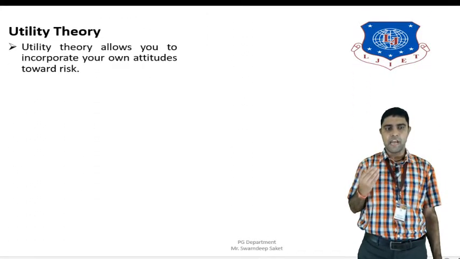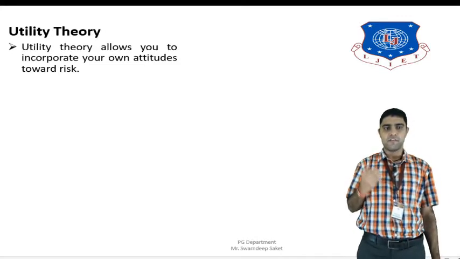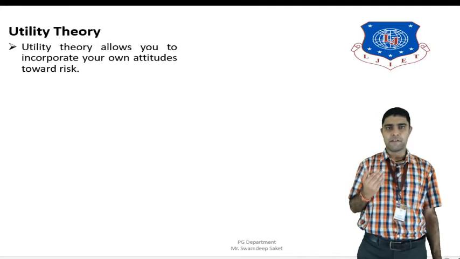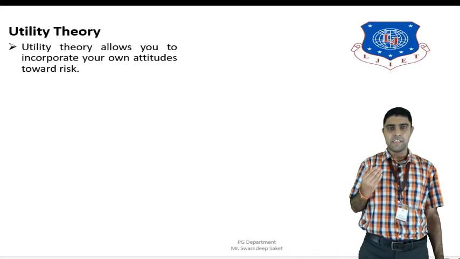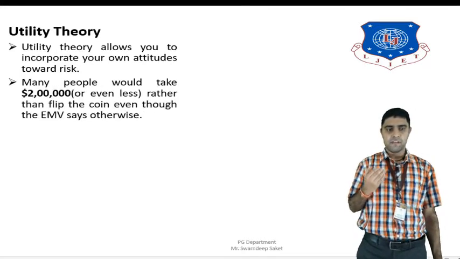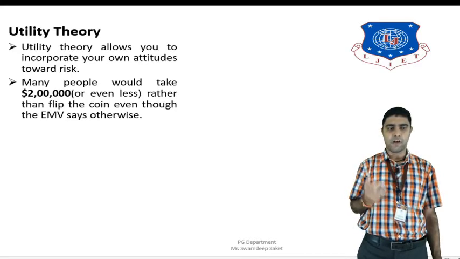Utility theory allows you to incorporate your own attitudes towards risk. So utility theory plays an important role in attitudes, as well as removing risk in decision making analysis. Many people would take $2 lakh or even less rather than flip the coin. Suppose we are flipping the coin, so there are two outcomes, head and tail.